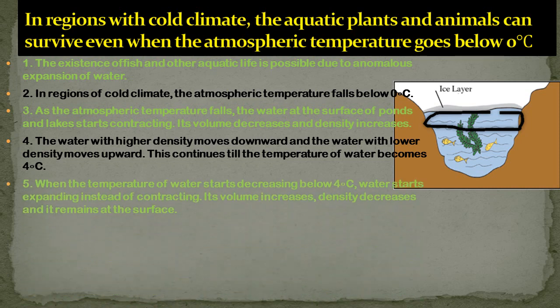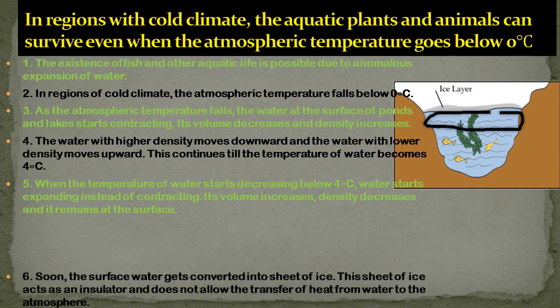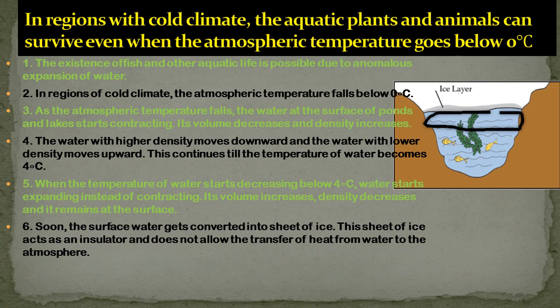And when the temperature of water starts decreasing below 4 degrees Celsius, what happens? Water starts expanding. This is normal behavior, that water expands instead of contracting; its volume increases, and as the volume increases the density decreases and it remains at the surface only. And soon the surface water gets converted into a sheet of ice.